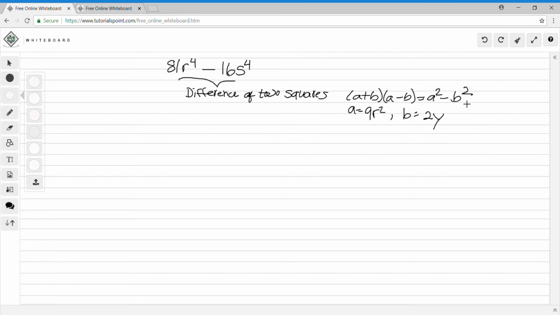And then if we do our b squared... sorry, no, a is 9r squared and b should be 4s squared. Yeah, because when you square 4s squared, that's 16s to the 4th.